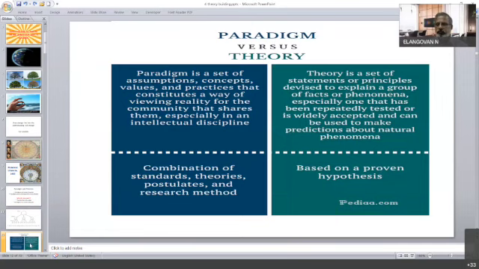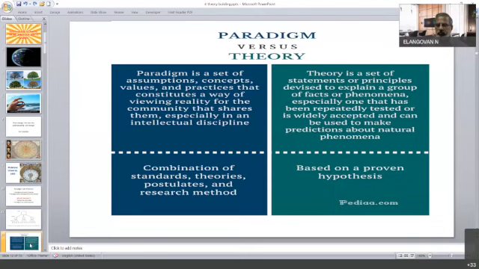Theory is a statement or principles devised to explain a group of facts. That is where theory can explain one small fact, or many related facts or phenomena, especially one that has been repeatedly tested or is widely accepted and can be used to make predictions about natural phenomena.